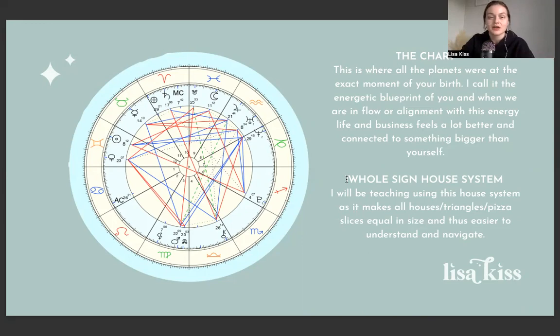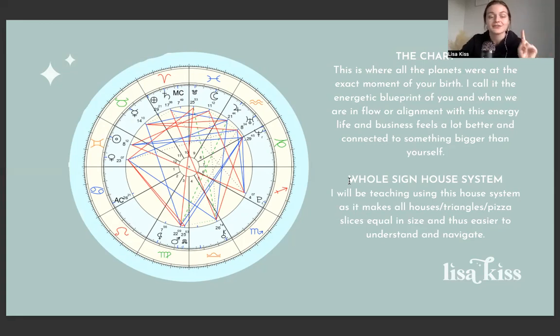If you need questions or help, please reach out to me. My email is at the top of the page. Where you put your info in, it should say underneath it house system, pick whole sign. It is so much easier to read your own chart like this. It makes everything equal, so much easier to understand and navigate. And I also find it to be a much more accurate representation.